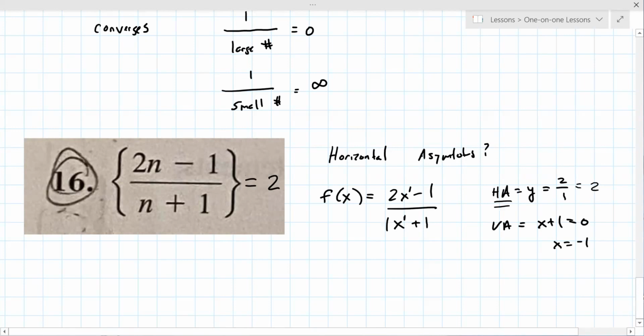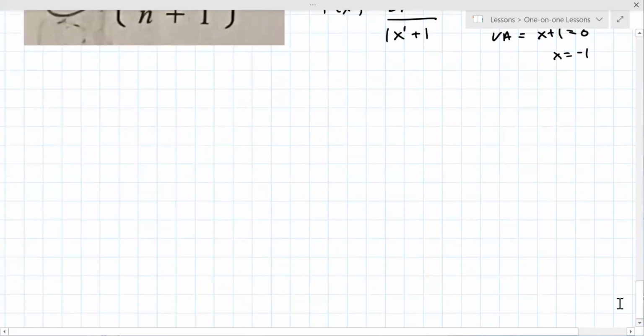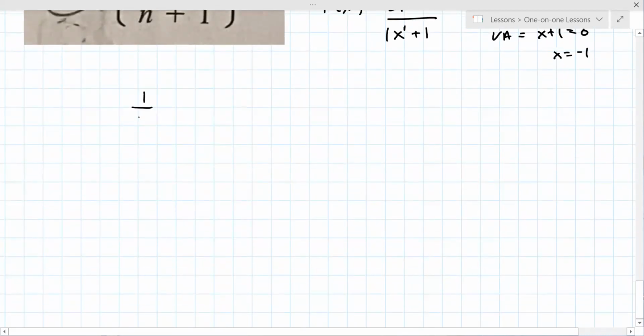Can you say how you found the horizontal asymptote again? Yeah, it's based on the degree of the numerator and the denominator. So let's look at something pretty straightforward. 1 over x, this is like case 1. The numerator has degree 0 because there's an x to the 0.